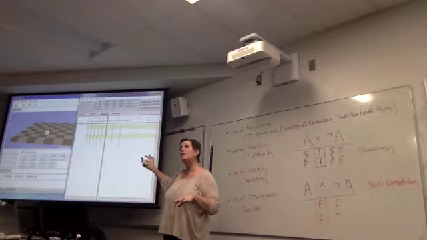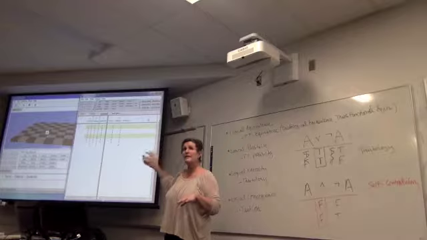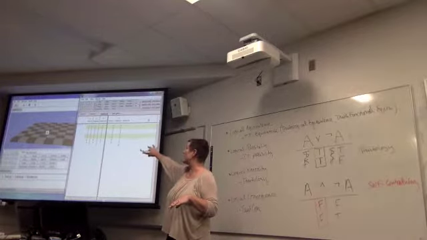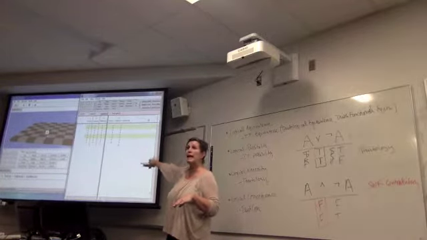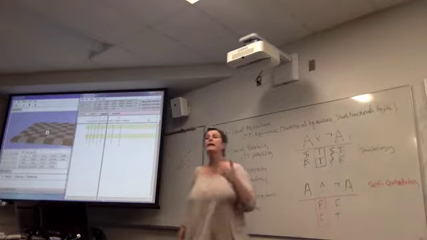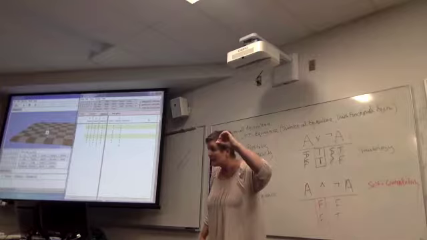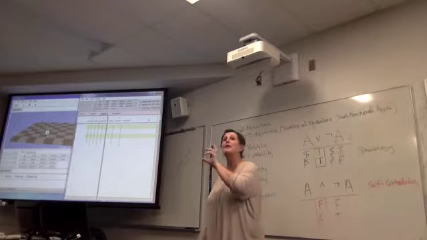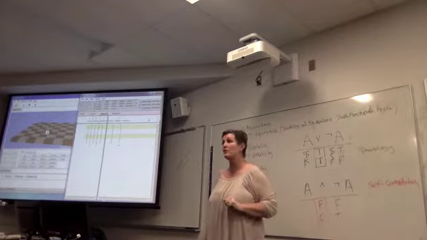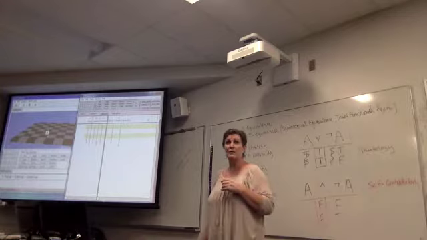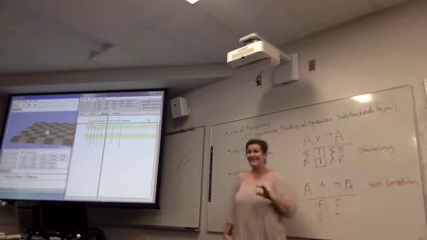But the truth value of the sentence, A is a tet, a cube, or a dodec, is determined in the truth table by the connective disjunction, not by the semantics of the world, not by the meanings of the terms. Yeah? What do we think?